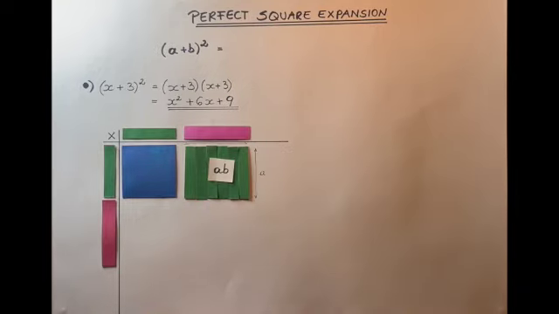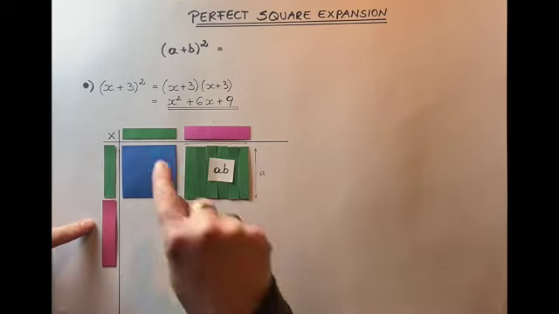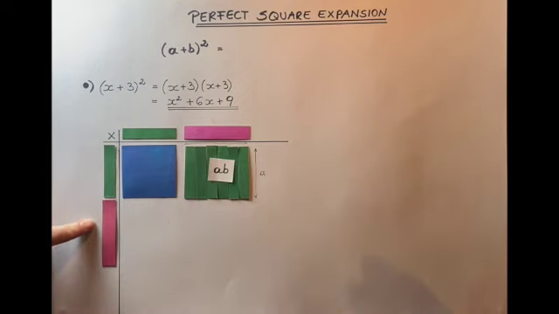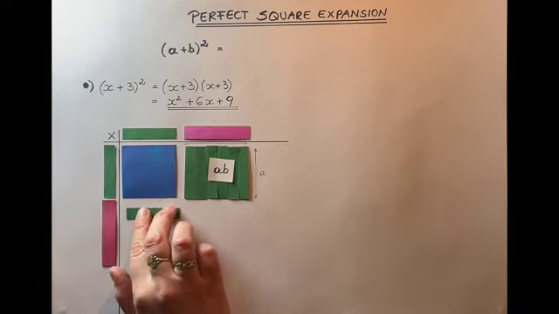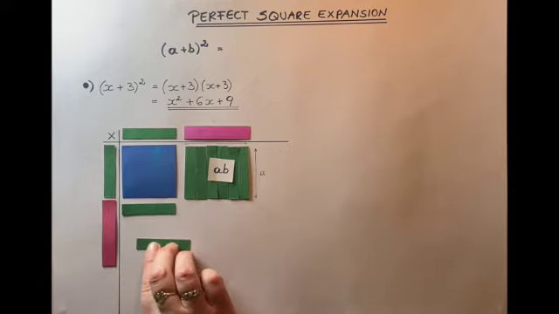So this is ab. Then here again we have b times a, and that's exactly the same thing. We have another rectangle with a width of a and length of b.